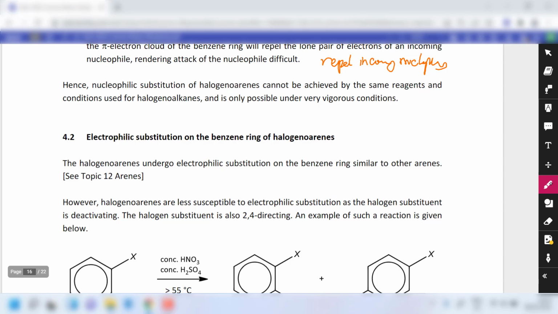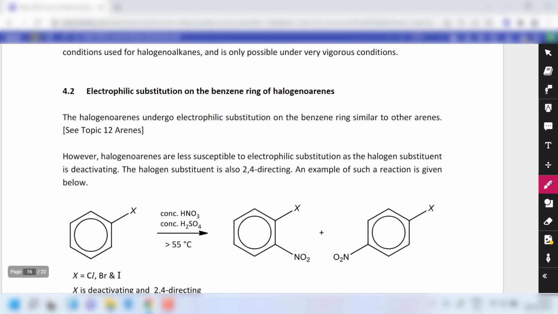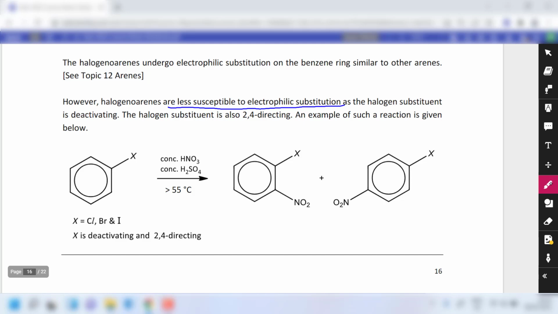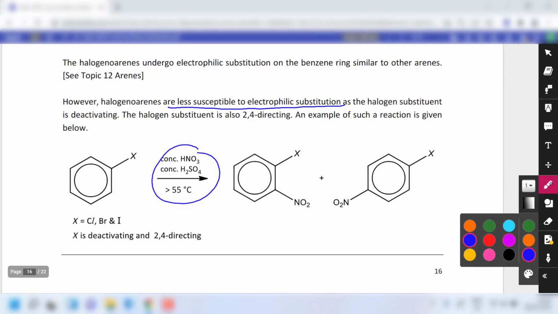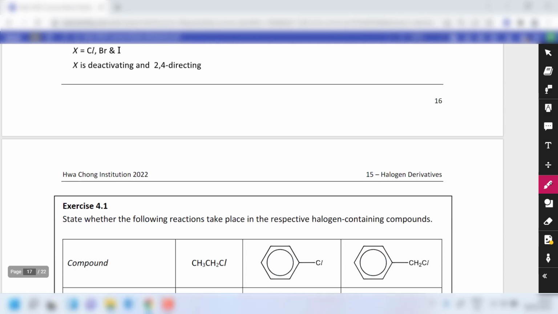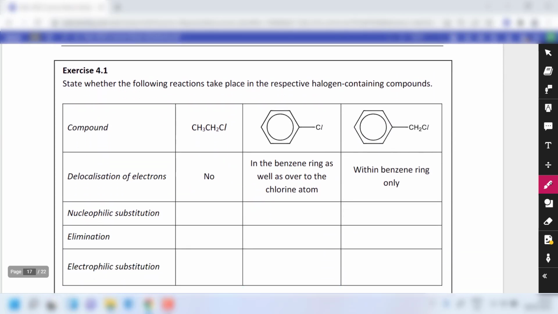Because of this, the sigma withdrawing effect tends to dominate a little bit more, and that makes halogenoarenes less susceptible to electrophilic substitution. Because of that, I need a harsher condition to effect electrophilic substitution reactions. In this case, the example we gave is nitration.